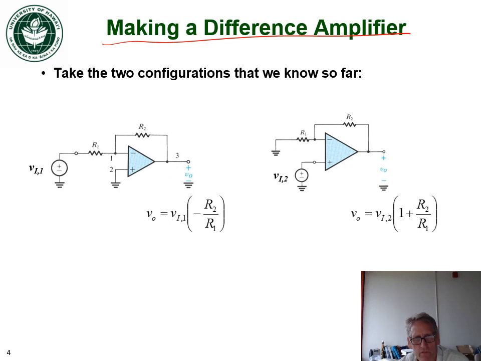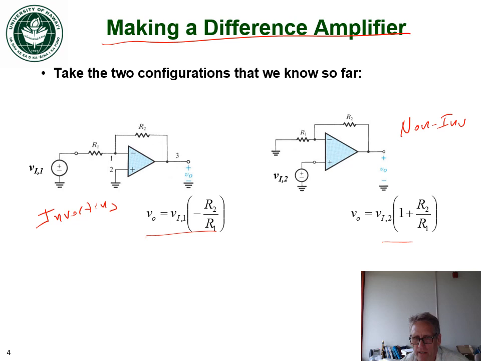So what do we know so far? We know two configurations. We have this configuration on the left, which we know is an inverting amplifier. We have a configuration on the right, which is a non-inverting. And we have the gain for each.